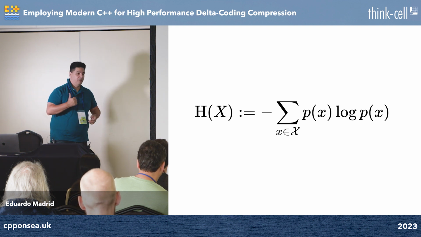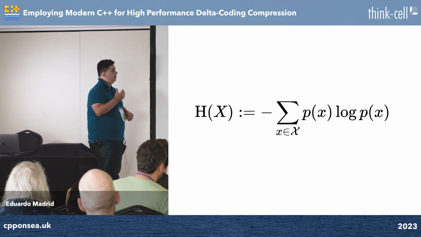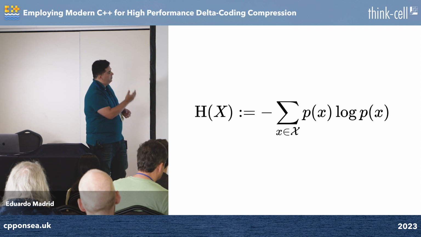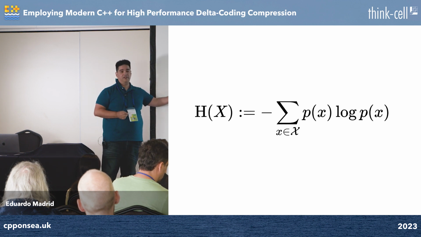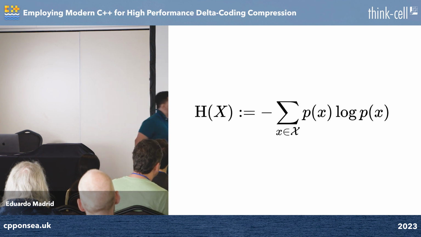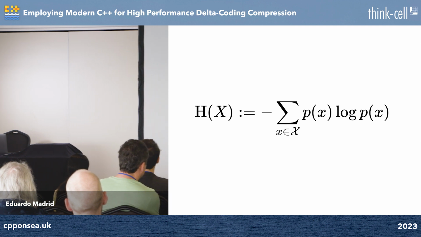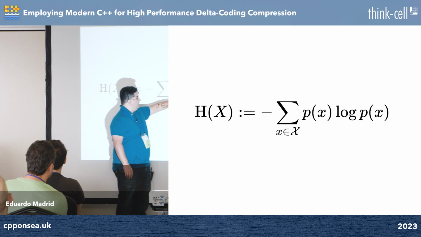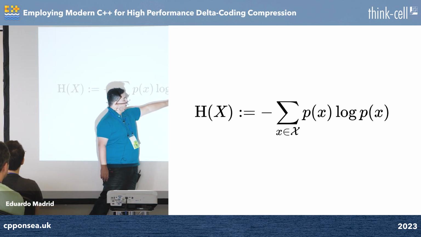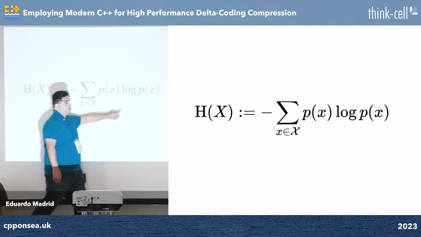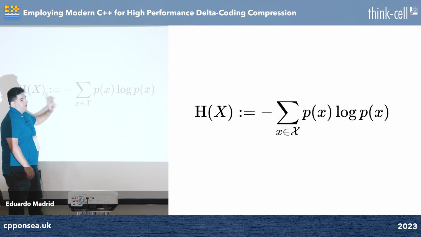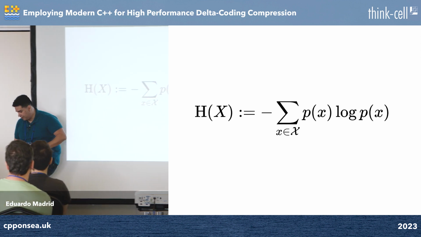So this is the monumental achievement of our civilization, Shannon's entropy: the summation over the set of possible messages of the product of the probability of each message by the logarithm of the probability of the message, with the sign reversed, okay?